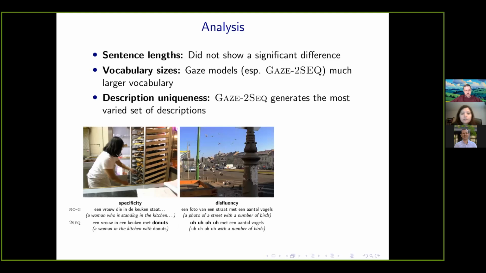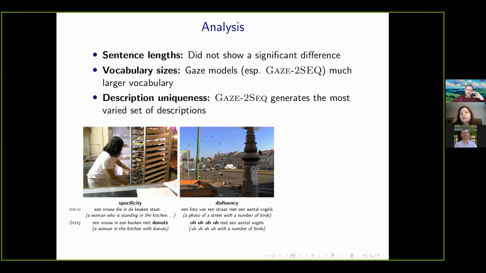One interesting thing was disfluencies. So in the data set, there are annotations for filler sounds that indicate some hesitation on the side of the speaker. And we actually opted for keeping these in, and we saw that the 2sec model actually generated these as well for this image.